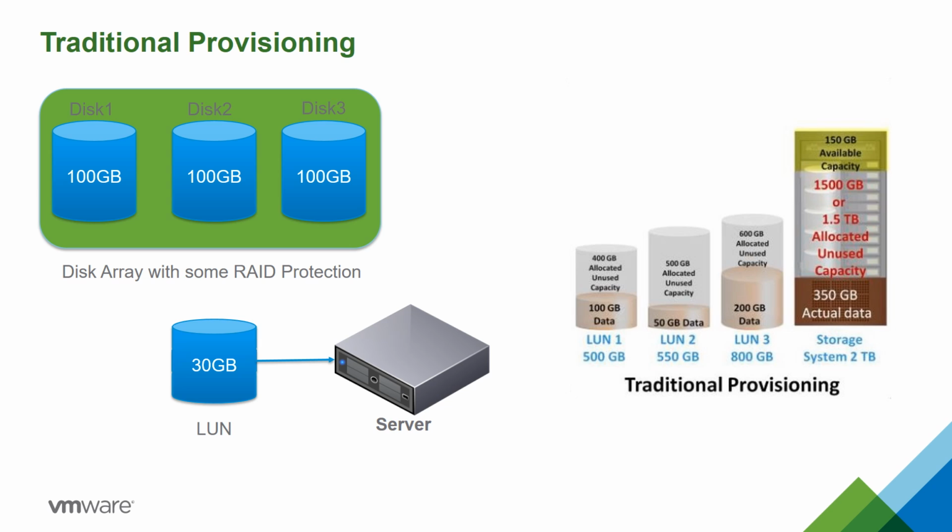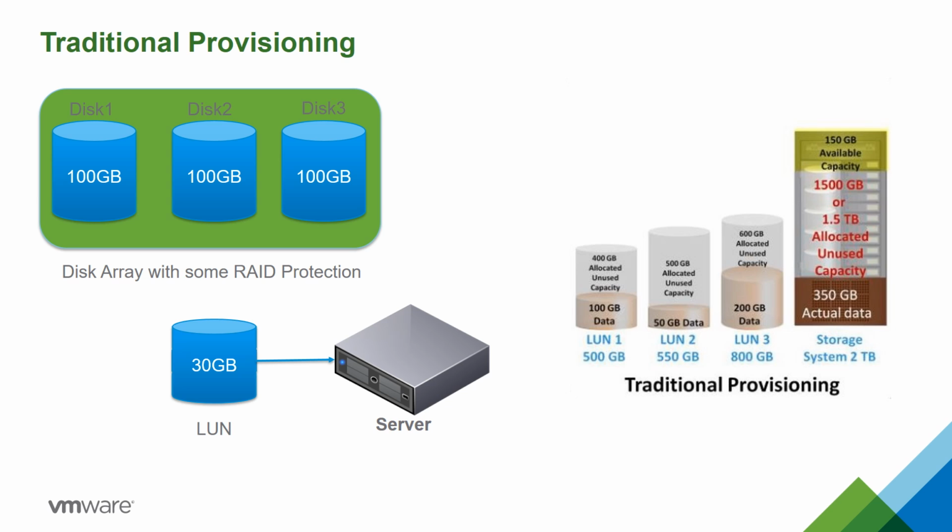Remember, in a traditional provisioning environment, once a LUN is provisioned to a server, the server is going to format the entire disk space. So that means whatever unused space you have is completely dedicated to that particular server. There is no way you can take it back.